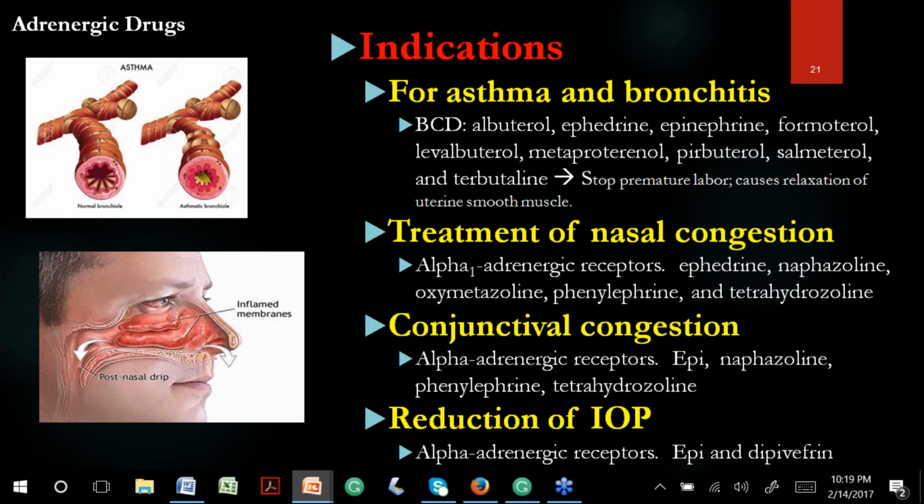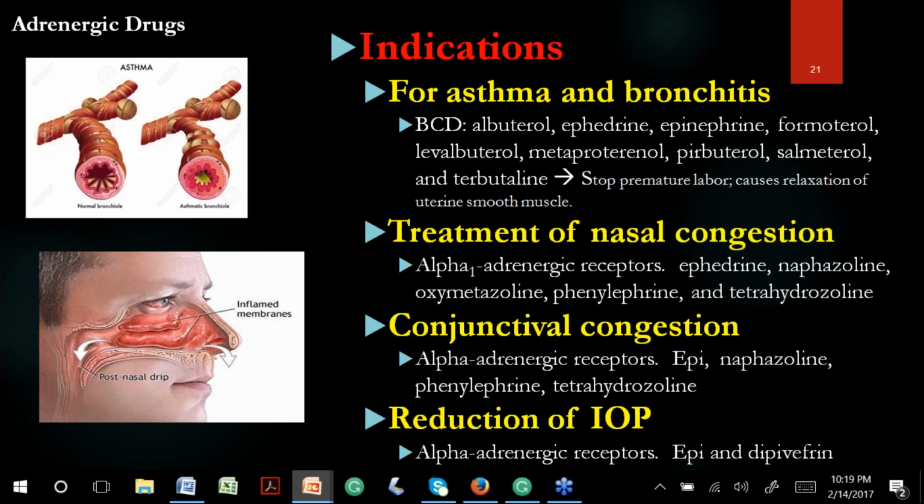For conjunctival congestion, we have phenylephrine and naphazoline, and what they are treating is red eye, right? What is red eye? The red eye is vasodilation of the vessels of the conjunctiva.